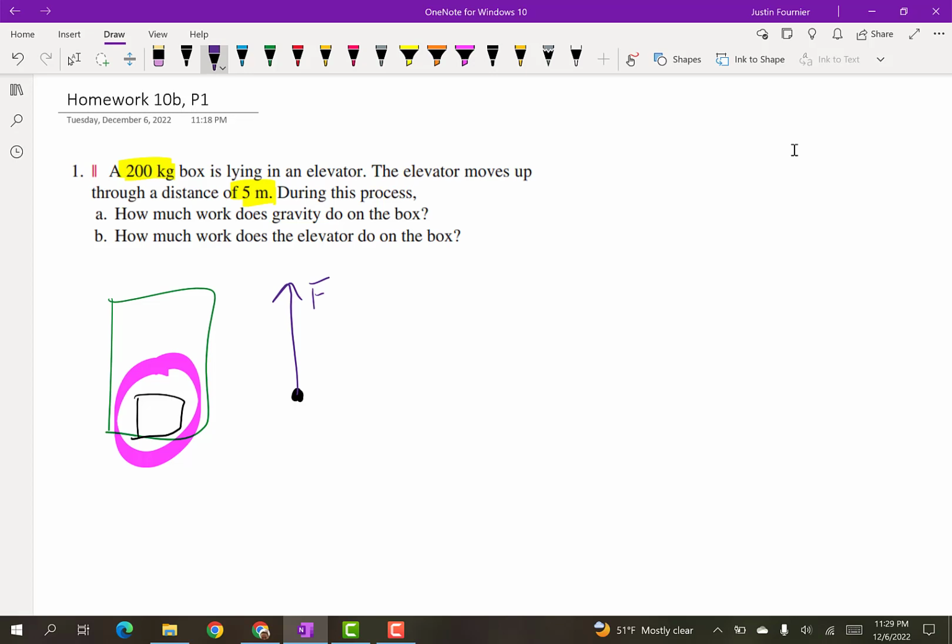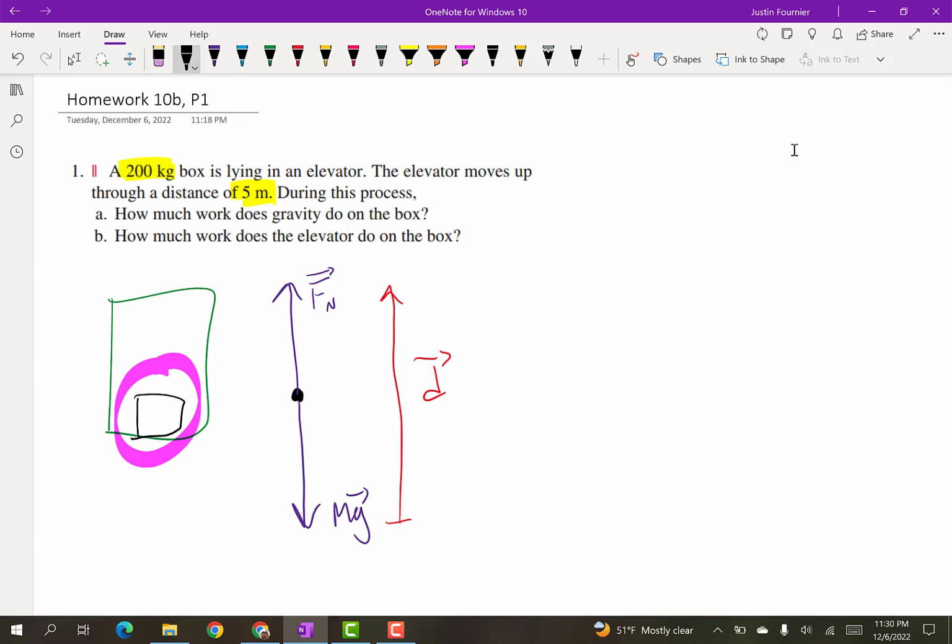So there's the force from the elevator. I'm going to call that a normal force, but it's really just the force from the elevator pushing it up. And then there's also the weight pulling it down, so it's the force of gravity. And then lastly, there's a displacement that we'll say is d going up.